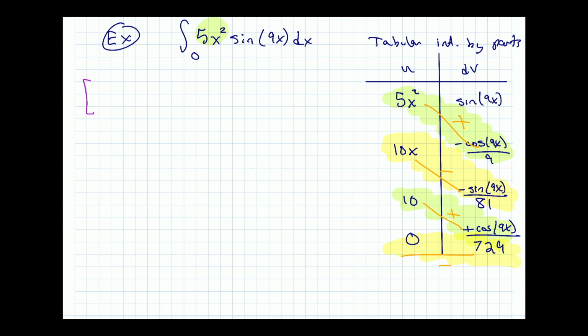Okay, so green ones. So what do we have? We have negative 5x squared over 9 cosine 9x. Then we got the next one. Looks like we got a negative, so it'll be a positive 10x over 81 sine 9x. Then we got to do these two. Looks like plus, which is plus. So plus 10 over 729 cosine 9x.